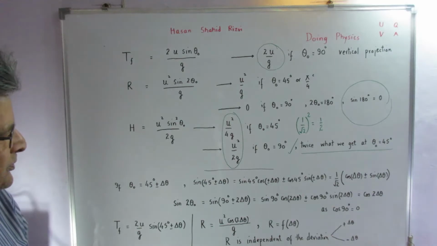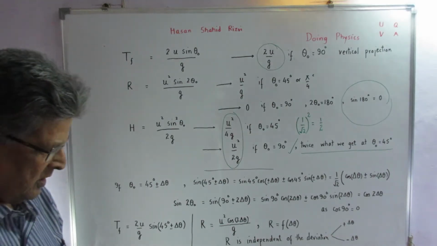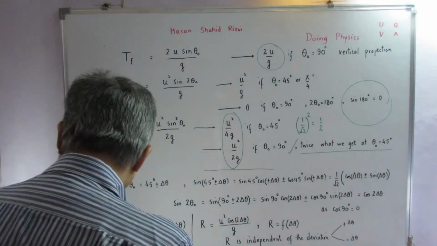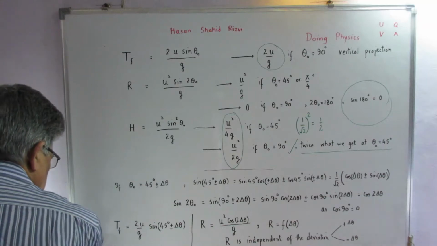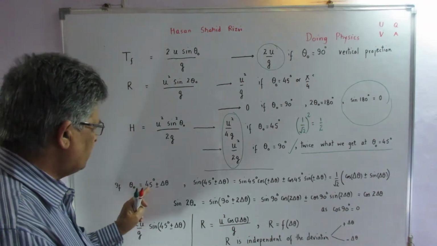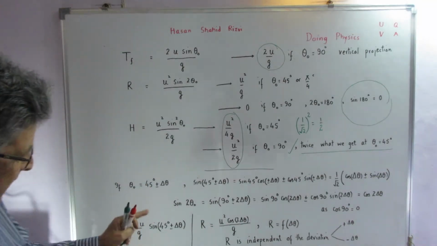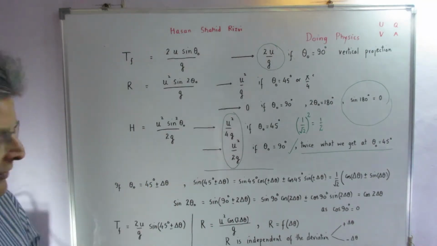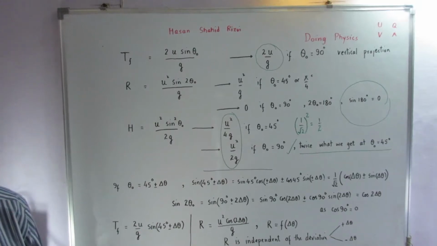So now I want to tell you something more and something interesting as to what happens if the projection at 45 degrees deviates by an angle of delta theta.